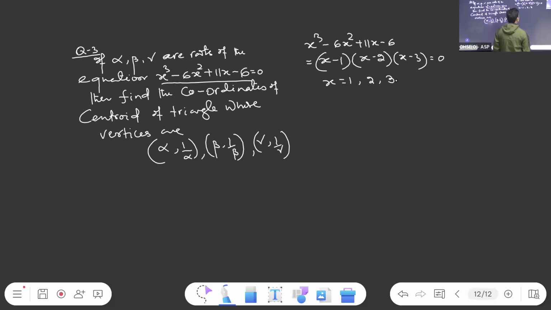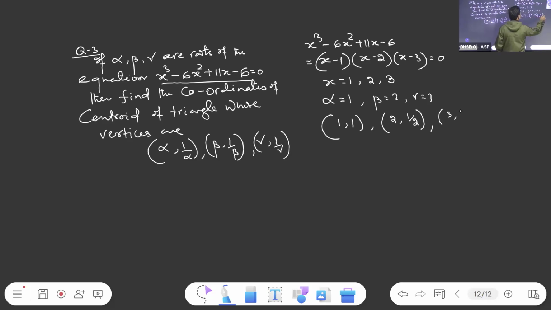So one of the values will be alpha, the second one will be beta. Let alpha is equal to 1, beta is equal to 2, and gamma is equal to 3. You can take alpha is equal to 2 also, or alpha is equal to 3. So the coordinates of the points are 1, 1; 2, 1 by 2; and 3, 1 by 3.